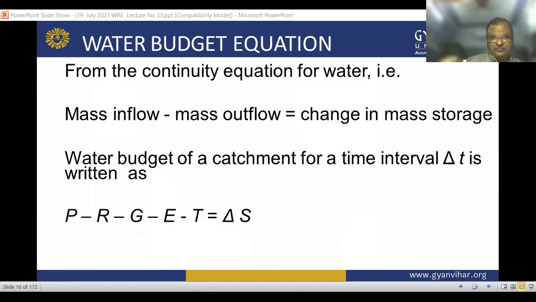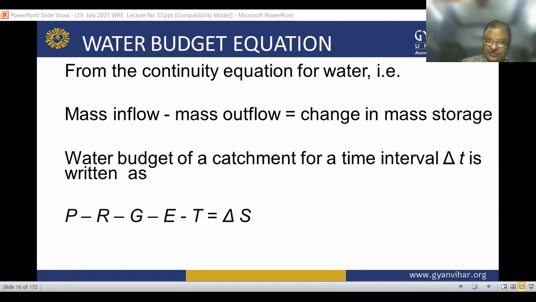Now the water budget equation. From the continuity equation for water, that is the mass inflow minus mass outflow equals change in mass storage.